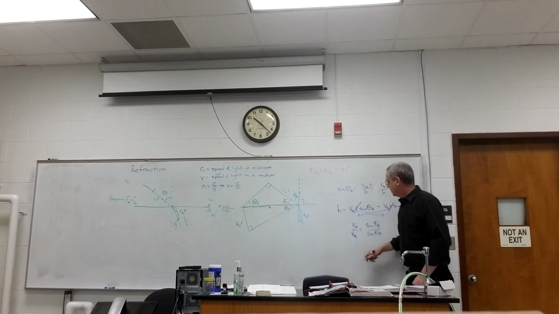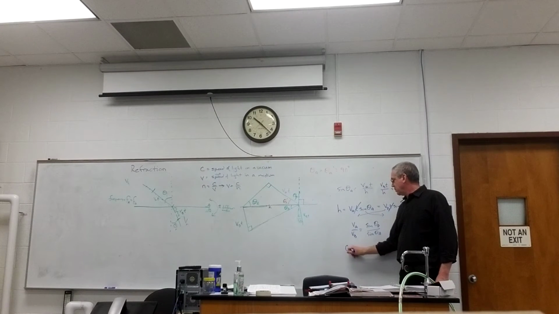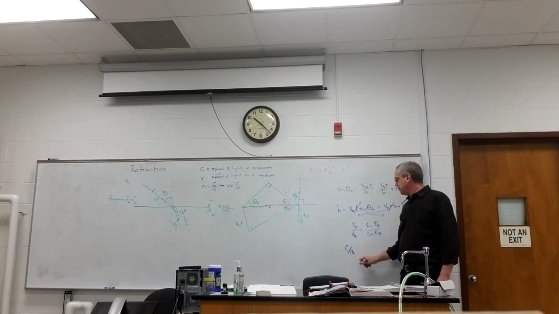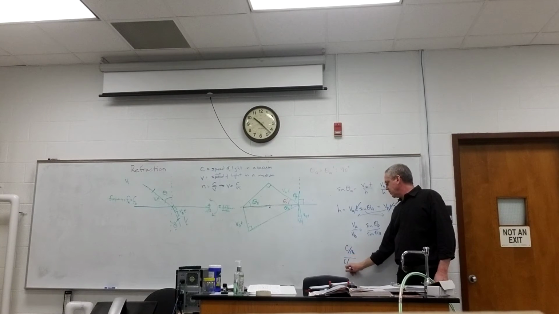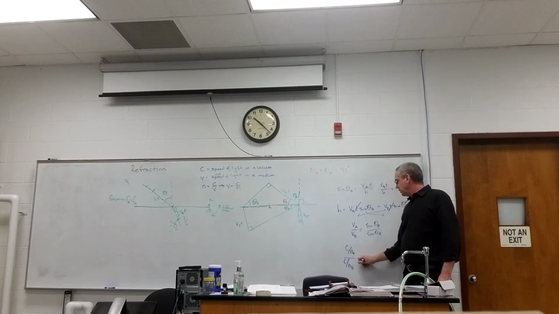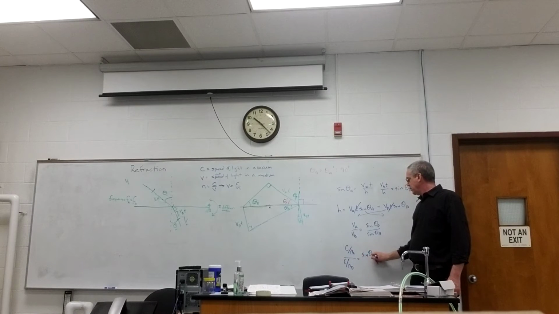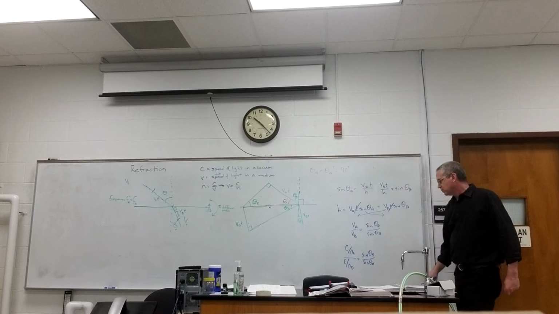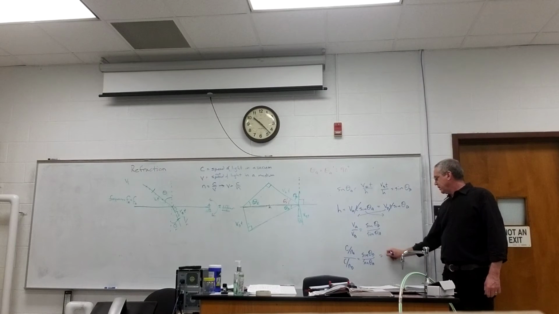So coming over here, this becomes c over n sub a over c over n sub b is equal to sine theta b over sine theta a. And that would be n sub b over n sub a.